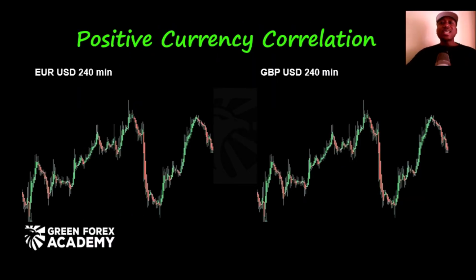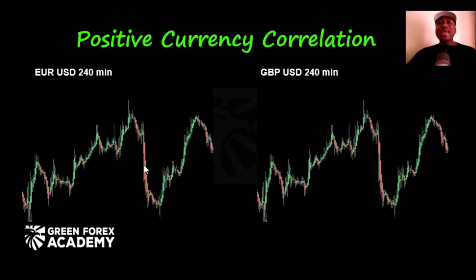Here is an example of a positive currency correlation. Here we have Euro USD 240 minutes, that's 4-hour time frame, and we have GBP USD 240 minutes, 4-hour time frame. Now, if we look carefully, we can see here that the Euro USD is moving to the upside, right? It's going to the upside, and we can see that GBP USD at the end of the day, it's moving to the upside.